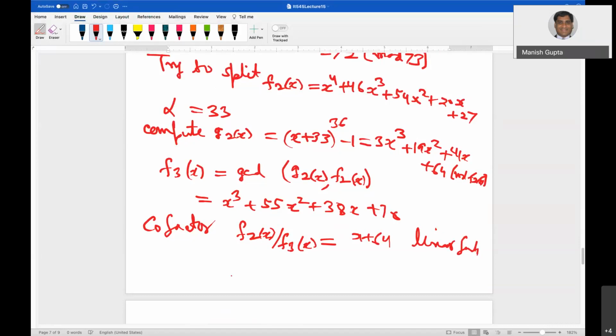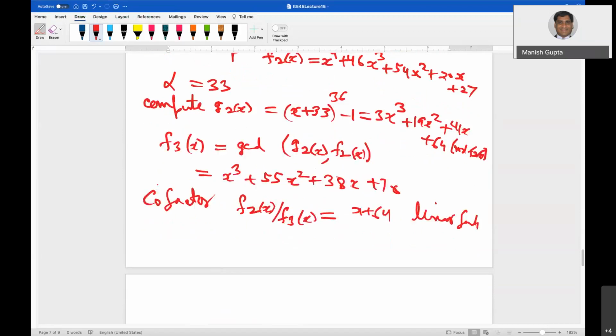Say linear factor x plus 64. So what root has come? So root will be minus 64, I'm sorry, minus 64 mod 73. This is nothing but 9.